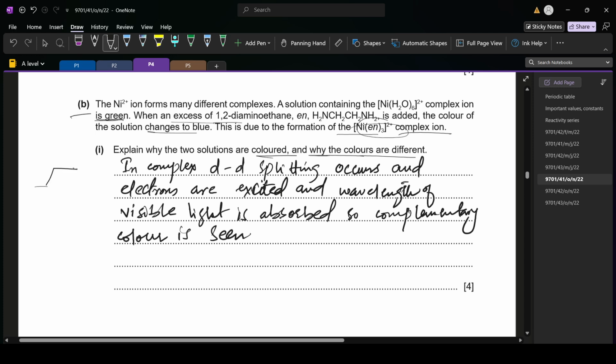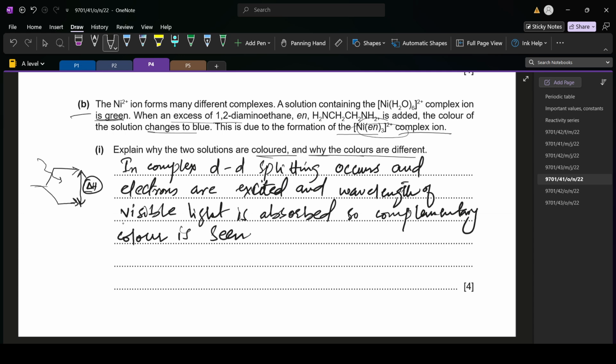So the d-splitting occurs like this. This is the energy gap between these two energy levels after splitting. A photon absorbs a specific frequency or wavelength of visible light, and the rest of the light gives a complementary color.